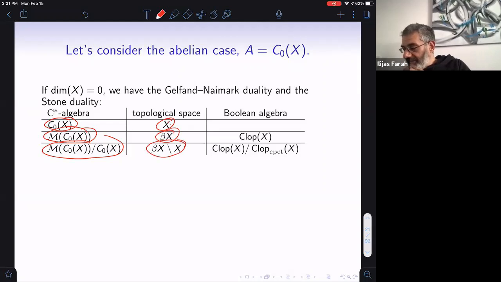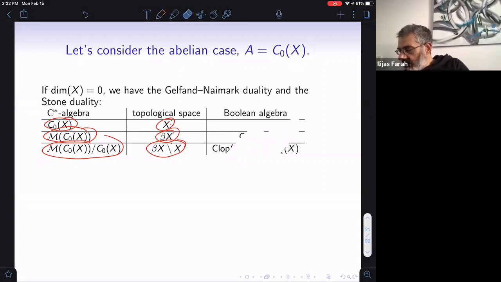Now, in case of X, there is no Boolean algebra really here. There is an ideal in a Boolean algebra. X is not compact. But if beta X is compact, you can just look at the algebra of clopen subsets of X. And then you can recover beta X. Oh, it should have been clopen subsets of beta X. And sorry, let me just draw this properly. So this is clopen of beta X. And this is, oh no, it doesn't matter.